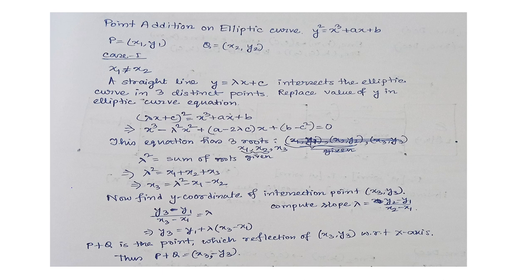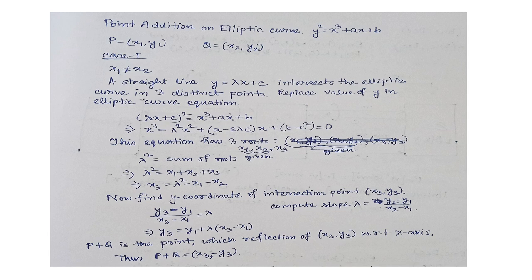Just look at this: P is x1 comma y1 and Q is x2 comma y2, and you want to compute P plus Q. The first case was x1 not equal to x2, and there, how do we compute the sum of these two points?